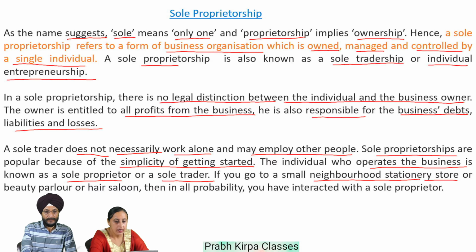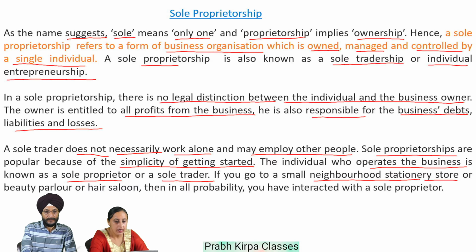Features of sole proprietorship. Fifth, unlimited liability. Sole proprietors have unlimited liability. This means that the owner is personally responsible for payment of debts in case the assets of the business are not sufficient to meet all the debts.